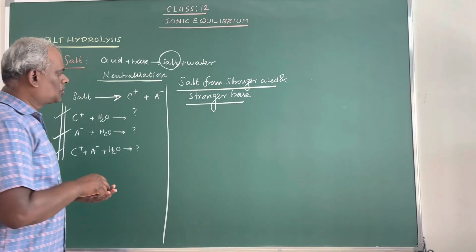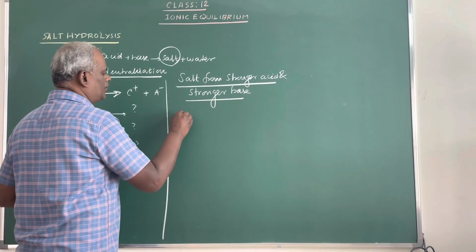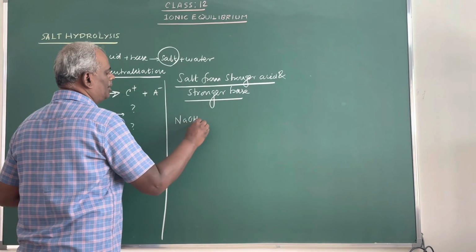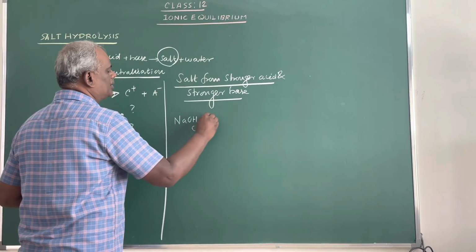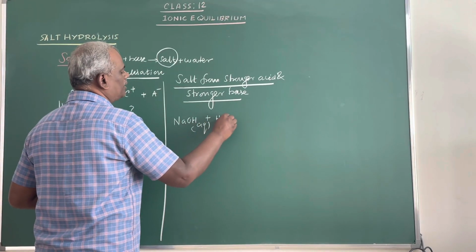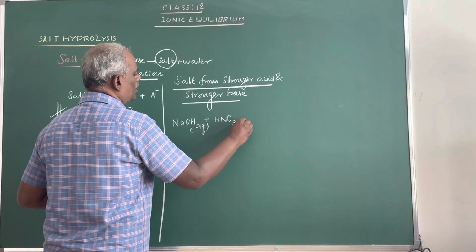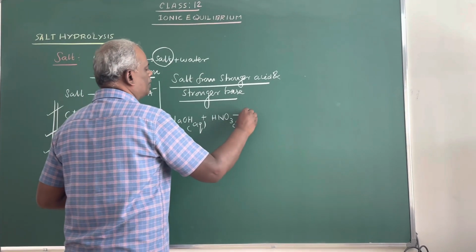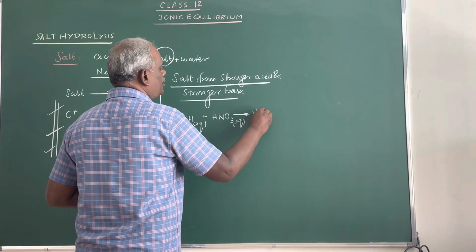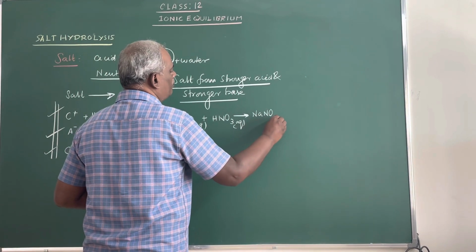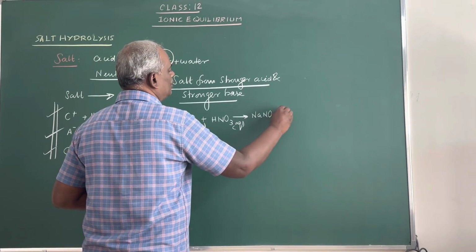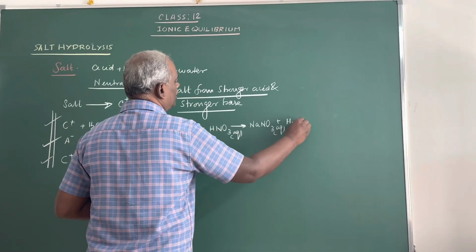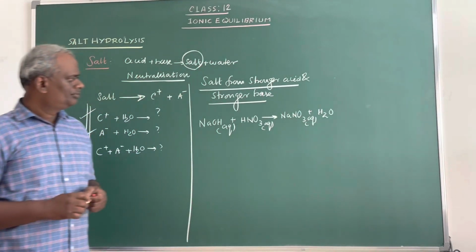Consider the following stronger base, NaOH, sodium hydroxide, in its aqueous solution. If it is reacting with nitric acid in the aqueous medium, the result would be NaNO3, sodium nitrate aqueous. In addition to that, we get water, H2O.